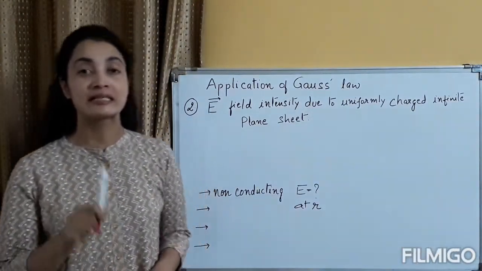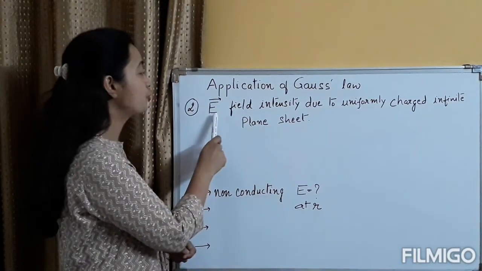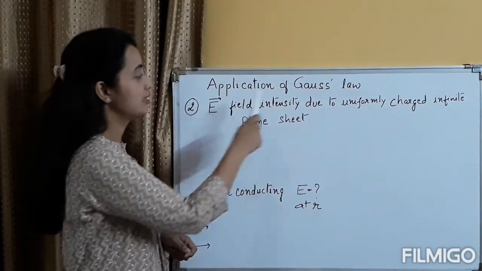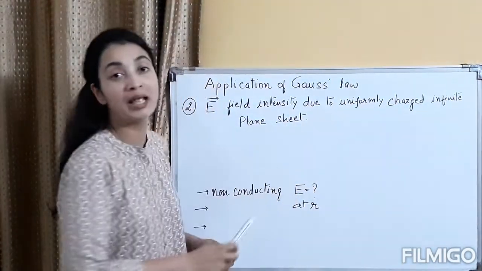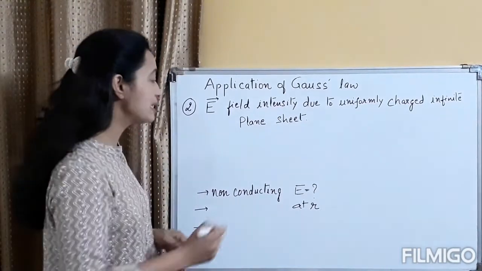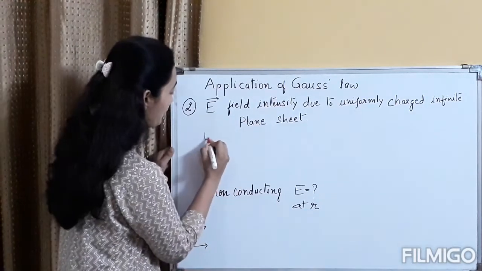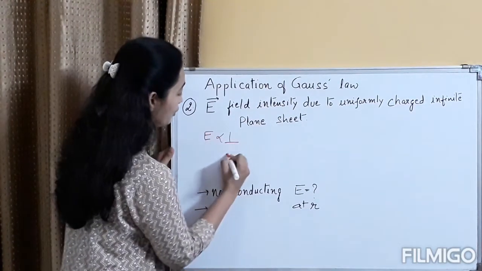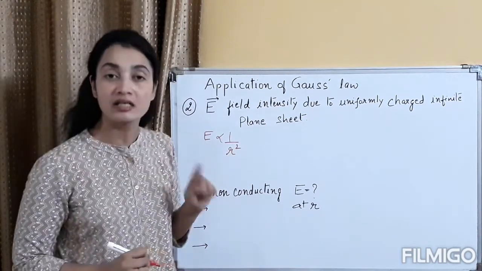Today we will see the second application of Gauss theorem, that is to find electric field intensity due to a uniformly charged infinite plane sheet. We have already seen that the electric field due to a point charge is proportional to 1 by r square.